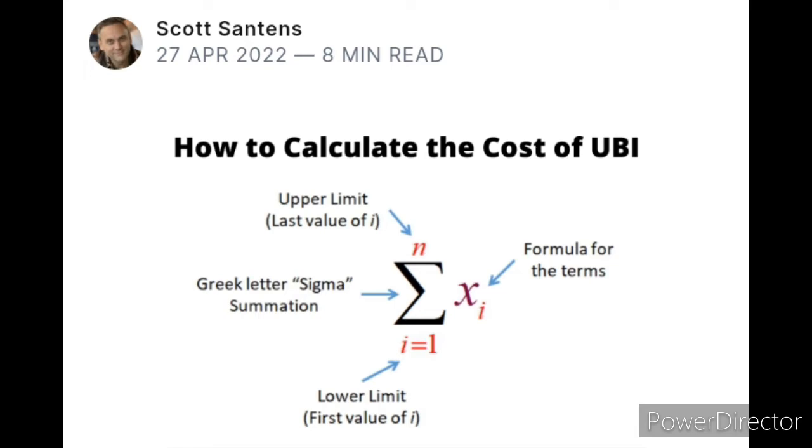So it's like C equals C1 plus C2 plus C3 plus C4 plus C5 ... Cn. This equation can now be simplified via the sigma notation: the sum from i equals 1 to n of Di minus Ti. Thus, in math speak, UBI's cost is really the summation of a finite arithmetic series.